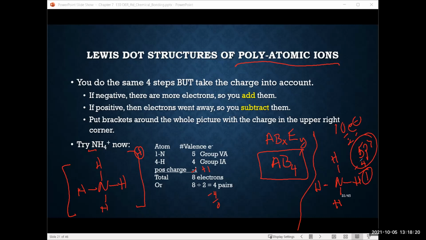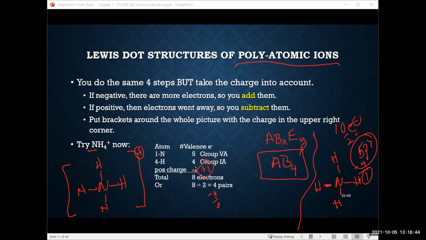I can't. That 1 pair that I have is extra that I mistakenly added because instead of subtracting, I added. Okay, it's a positive cation, so I subtract. If it's an anion, I add. So this tells me that if I went the other direction, I end up with 1 extra pair.